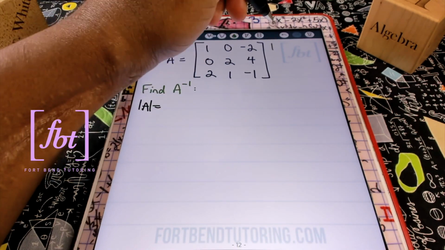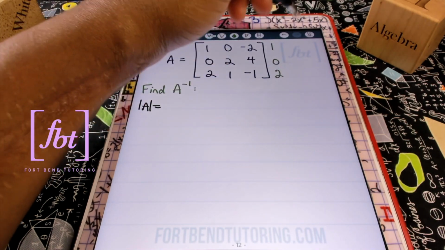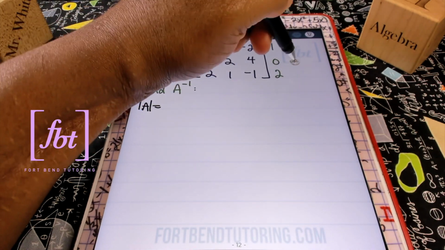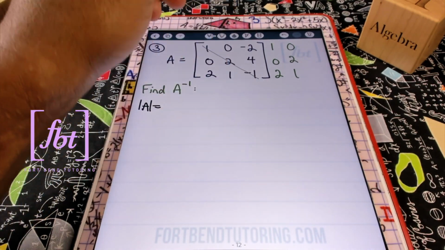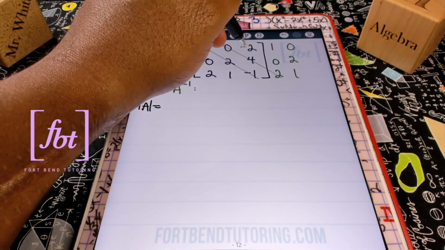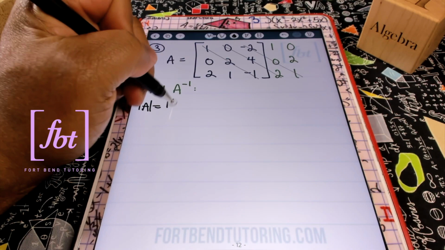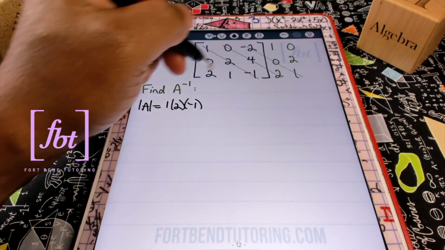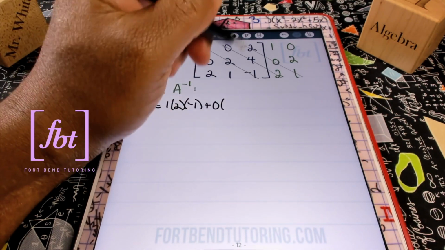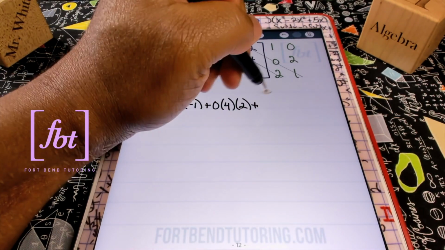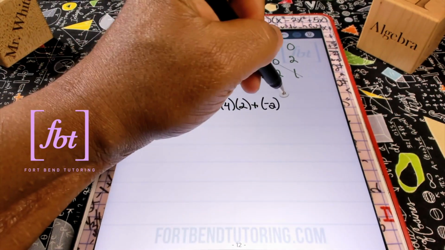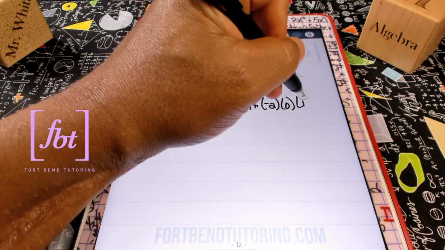I'll be bringing down 1, 0, 2, as well as 0, 2, and 1. From here, I'm going to be multiplying these values and these diagonals together. So I'll have 1 times 2 times negative 1 plus 0 times 4 times 2 plus negative 2 times 0 times 1.